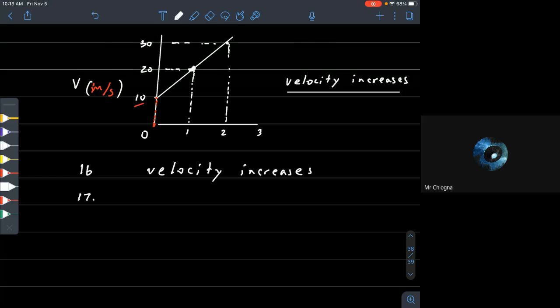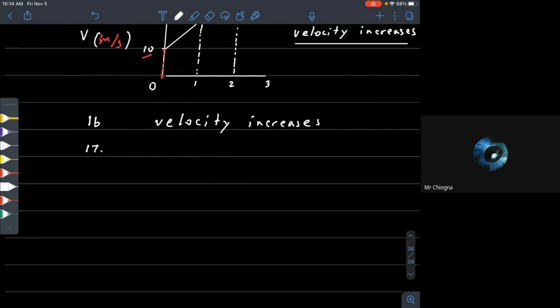Okay, 17. Says sketch velocity time graph. So let's draw the first graph. This is what we're going to start with.